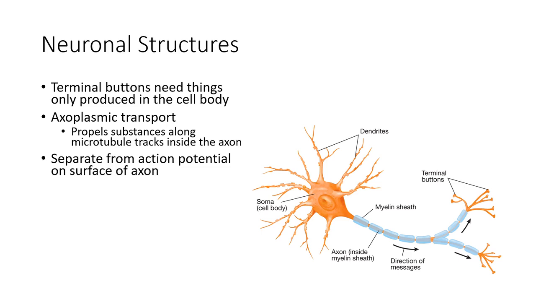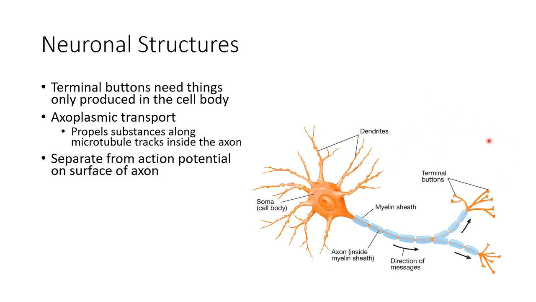So what happens when some substance is moving from either cell body to terminal buttons or from terminal buttons to cell body? The microtubule tracts on the inside of the axon is where the substance will travel. So in the previous slide, I mentioned a signal being sent along the axon and leaving the terminal buttons and then going to the space or the synapse here to the surrounding cells.